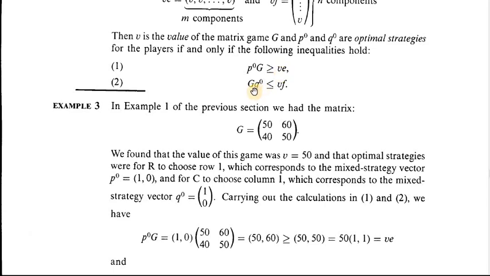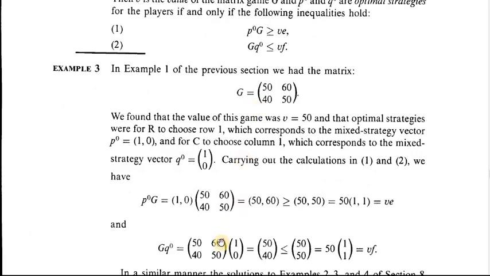On the other hand, we have this similar situation here, G Q0. Well, there's an example down here. Suppose the column player always plays the first column, then his strategy is (1, 0). G Q0 will then be (50, 40), and in fact, if you take this matrix and multiply by this column vector, it's going to pull out the first column.